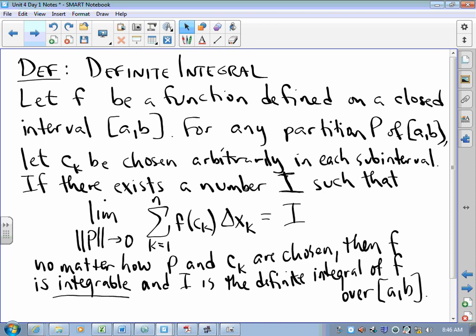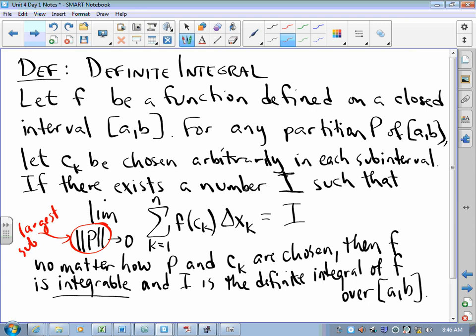What the heck did he just write? Well, the norm is the largest subinterval. Because the subintervals don't have to be all the same size. You can choose subintervals of various sizes, depending on what you need for a particular situation.